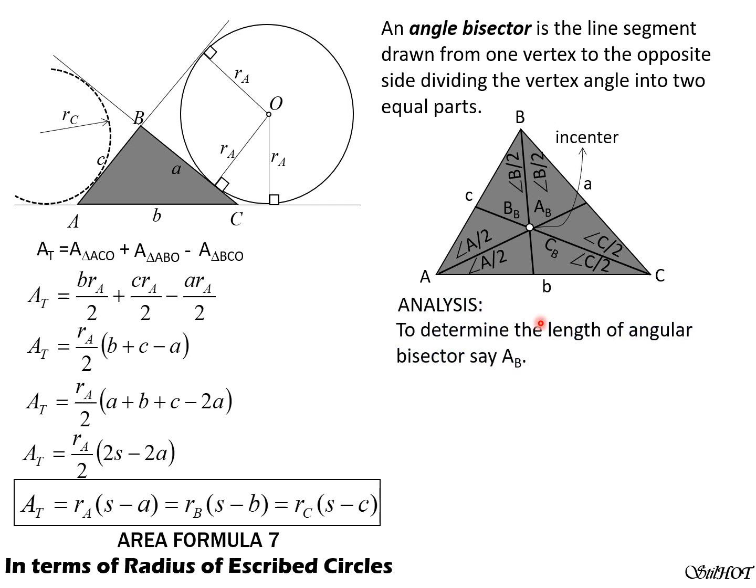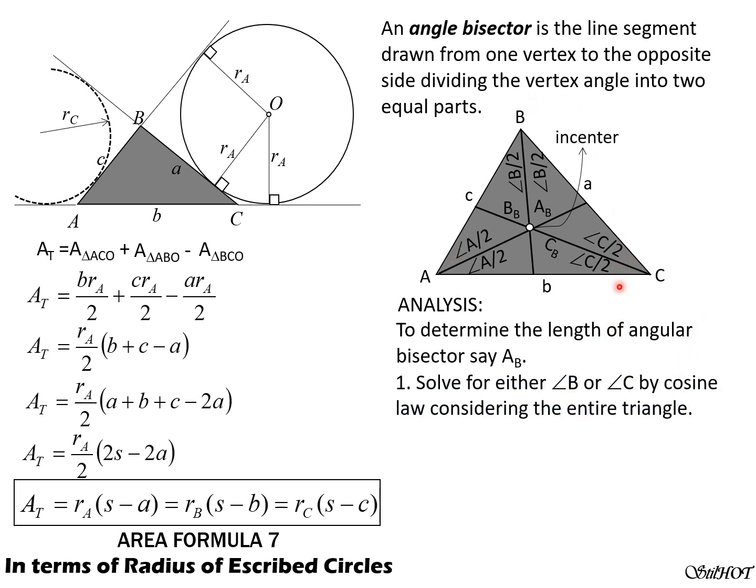So let us say we want the length of angle bisector A, bisector through B rather. So we have to solve for either angle B or angle C by cosine law, considering the entire triangle.